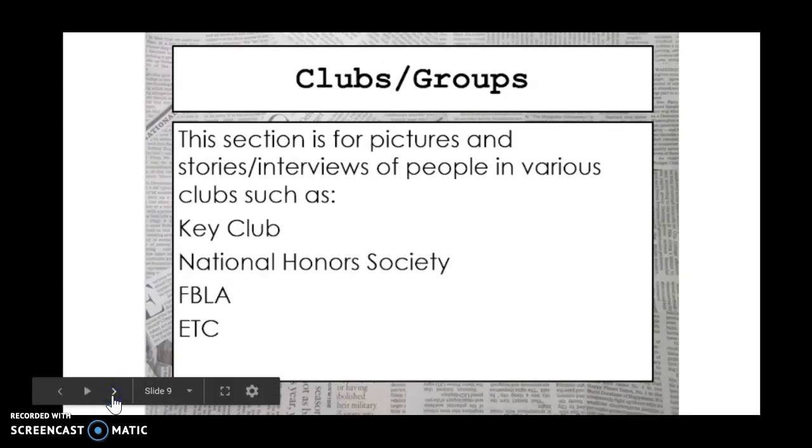Clubs and groups. Things like Key Club, FBLA, National Honor Society, the culinary arts, things that they do, the Lions Club, all of those things we try to find a place for in our yearbook.